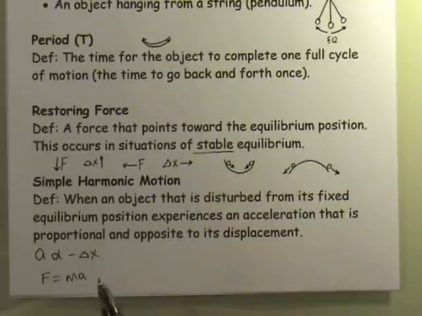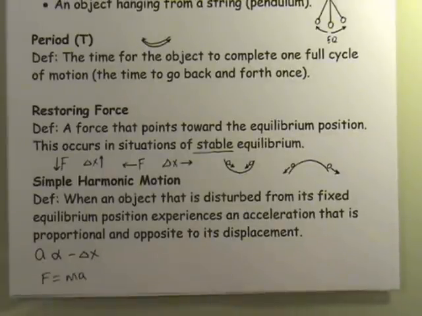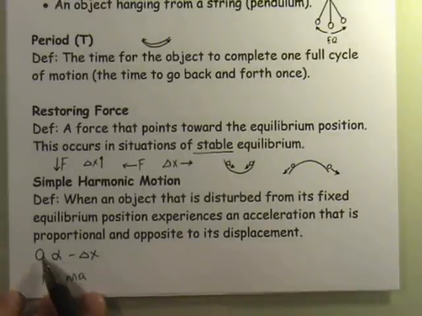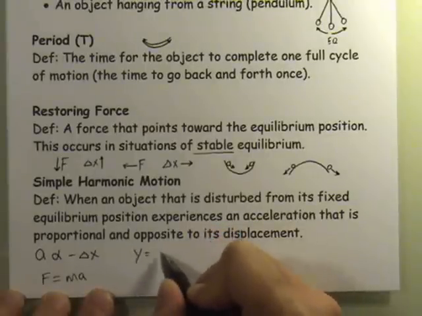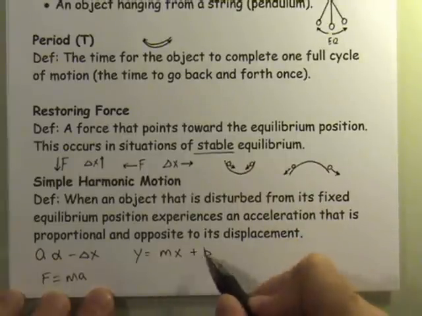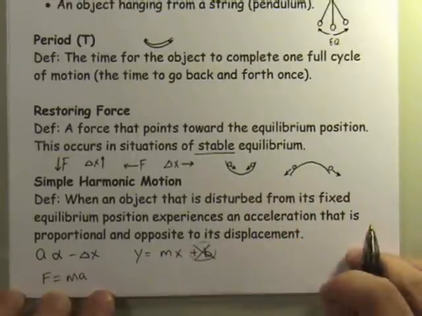So that's helpful, but you couldn't solve a problem from it. You could just simply set up that if, for example, you doubled the displacement, then that would therefore double the acceleration that the object feels. But ultimately what we would like to do is to bring this to an equation, and since there is a simple proportion between these two, it's almost in the form of y equals mx plus b. But in this case, we won't need to worry about the b.